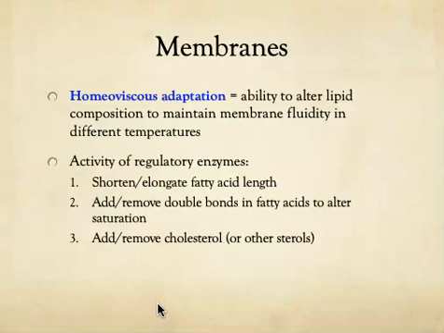And we don't want that to happen. We want his membranes to stay at the same level of permeability 24 hours a day. So what can happen to fix this problem? Well, these enzyme systems can turn up when the temperature gets cold, and they can start to make changes to his membranes to bring the permeability back up to that mid-range.